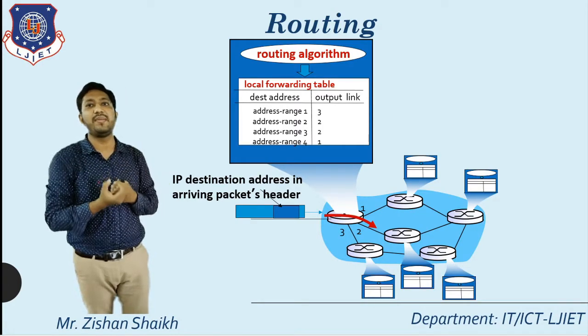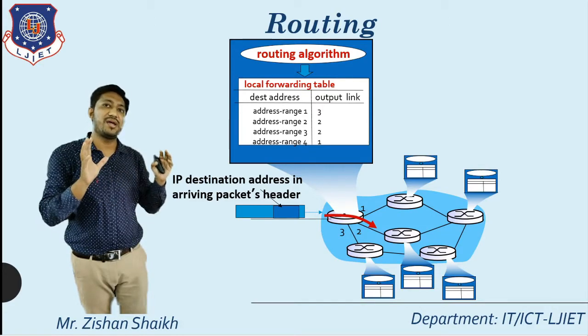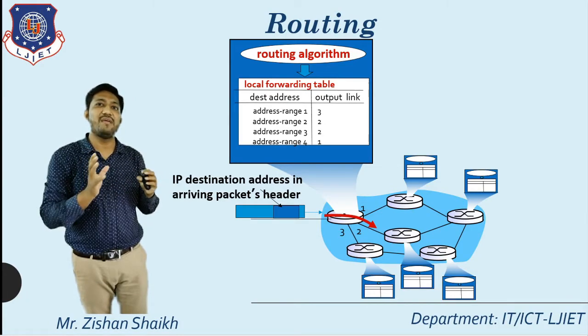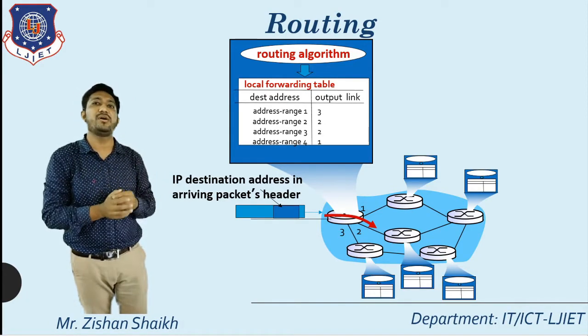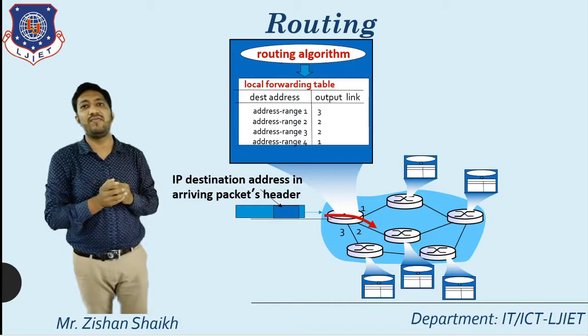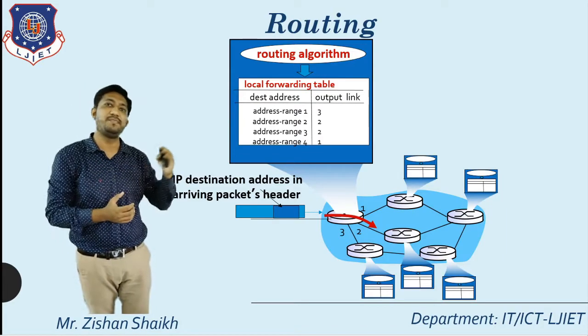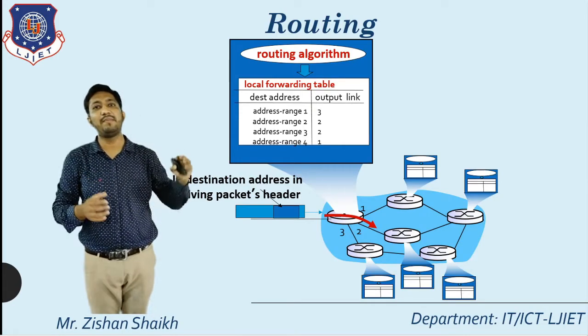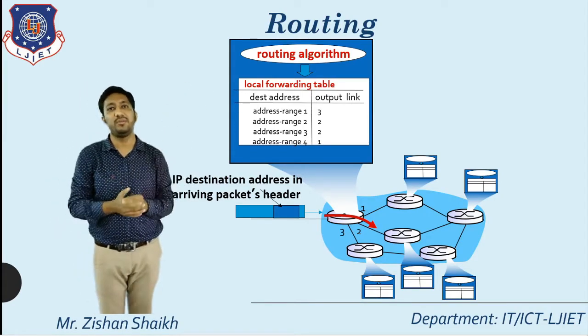When the router receives a packet, it first identifies the packet header. The header has the information of the next router where the particular data item belongs. For that, the router implements different routing algorithms.